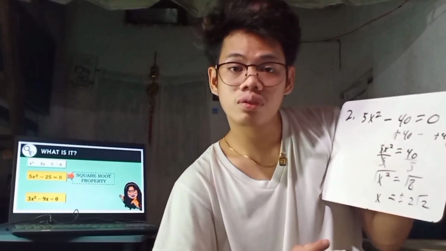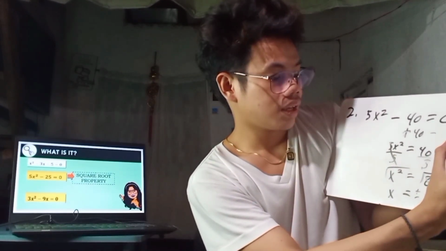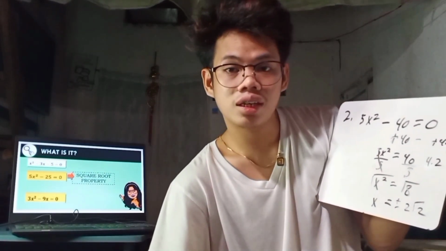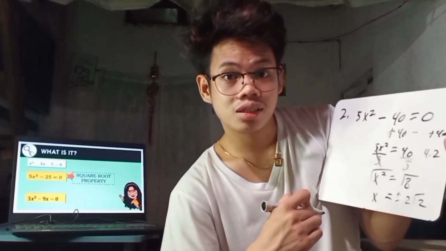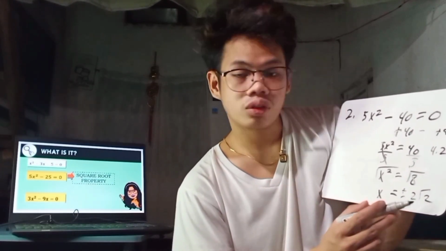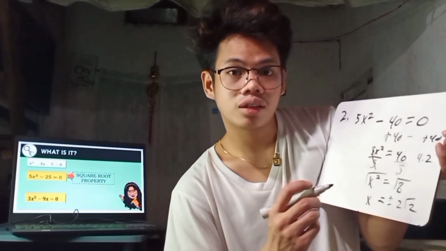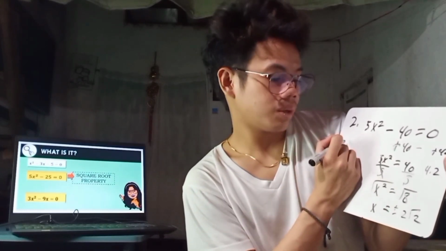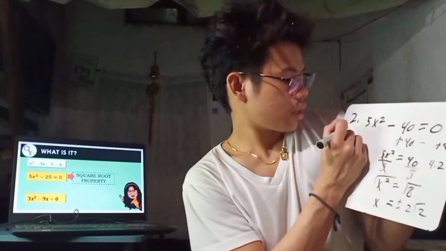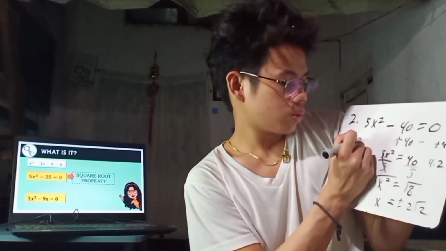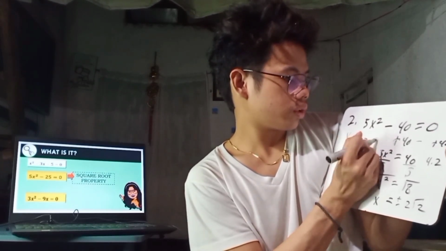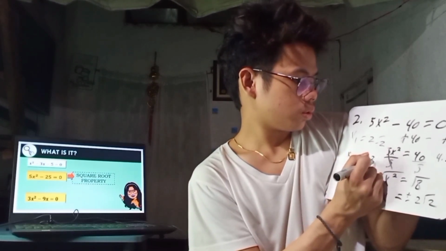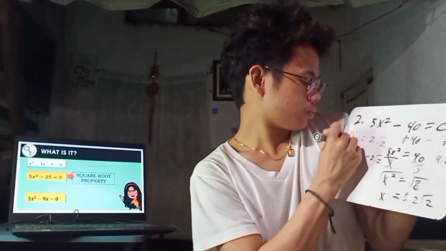Because the product of 8 is 4 times 2. Since 4 is a perfect square, ilalabas natin siya. So it will become 2 square root of 2. Okay? Therefore, our roots here will become x sub 1 is equal to 2 square root of 2, and our x sub 2 is equal to negative 2 square root of 2.